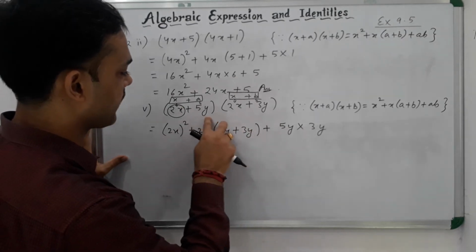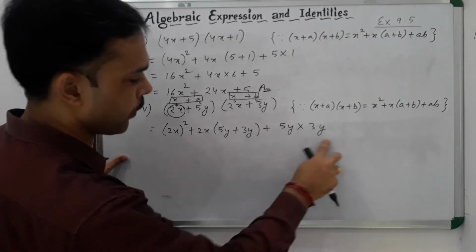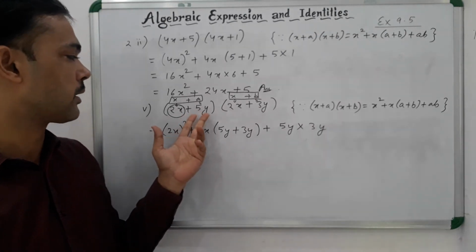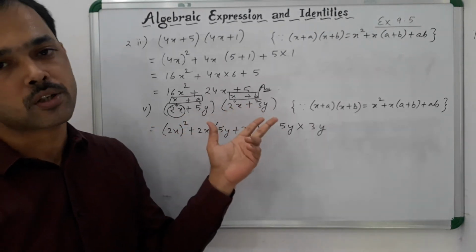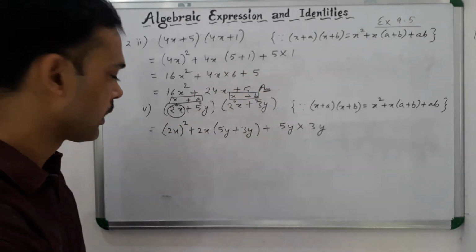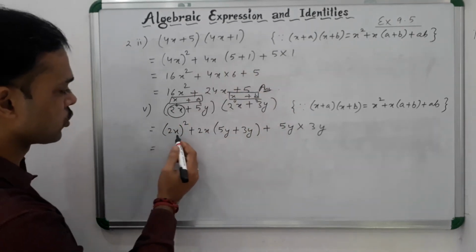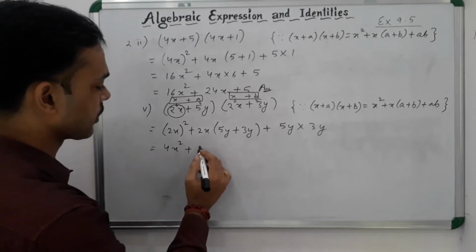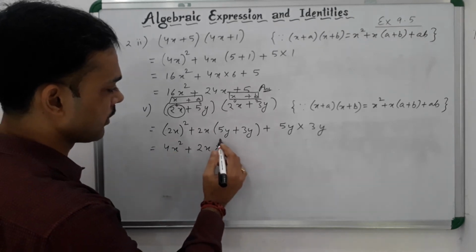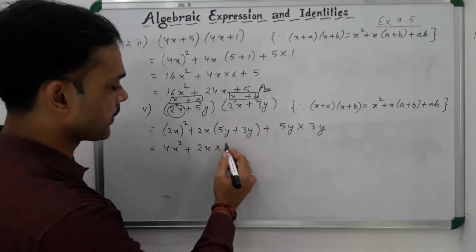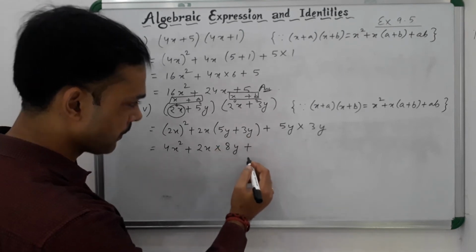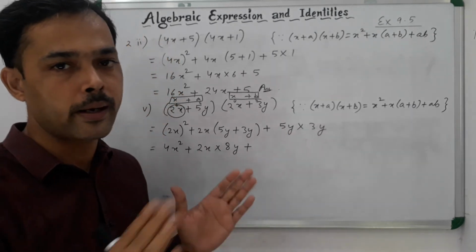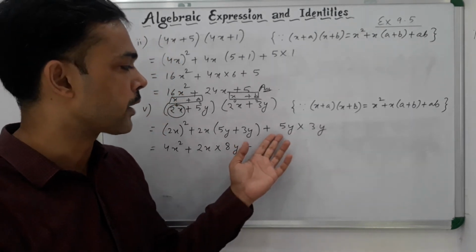Plus 5y into 3y. Why? Because it is a into b, and at place of a here I have got 5y. At place of b here I have got 3y. Now let us solve this. So 2x into 2x will be 4x square plus 2x into 5y plus 3y will be 8y plus, when it is getting multiplied, first you will multiply the number by number, that is constant by constant.